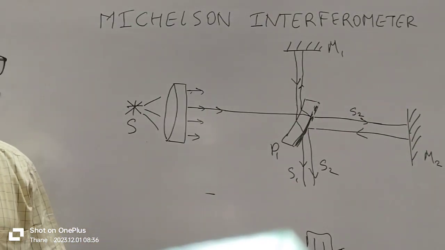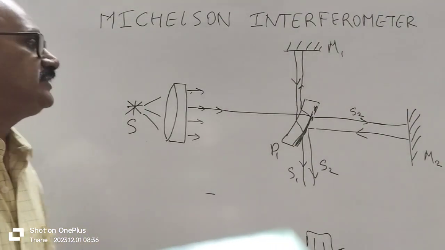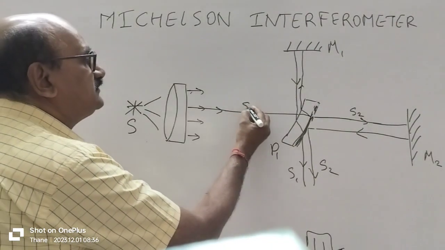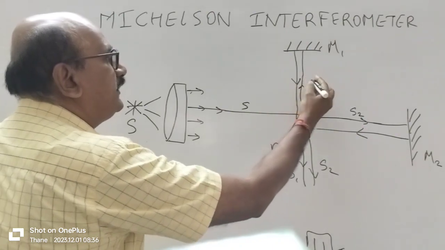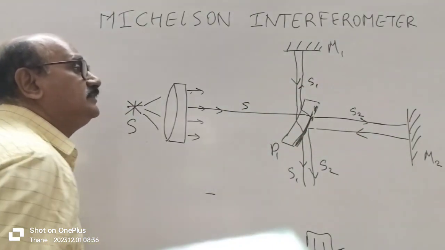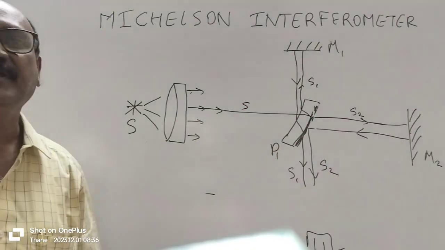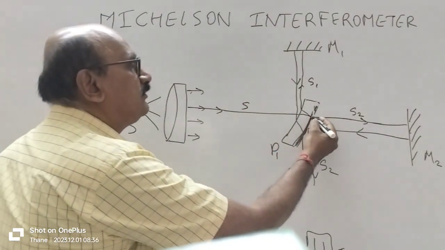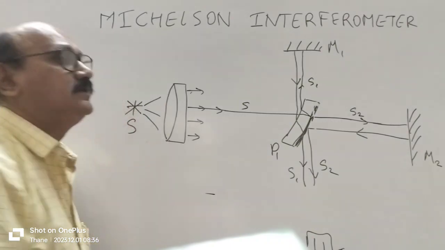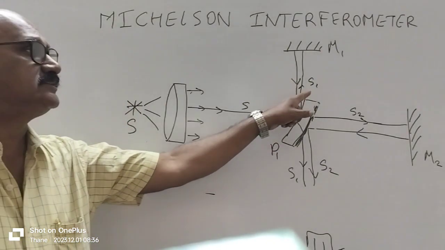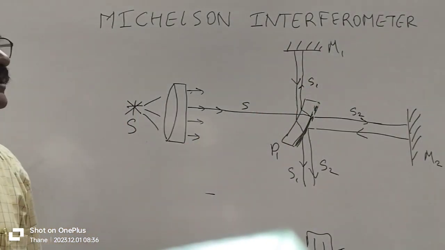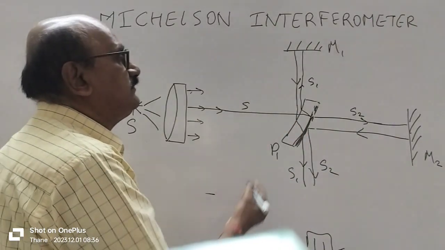Now you can see that the ray S gets split into two, S1 and S2. The ray S2 travels in the glass medium only once, when it is just coming out from the glass plate P1. But the ray S1 will travel in the glass medium 3 times. See how.